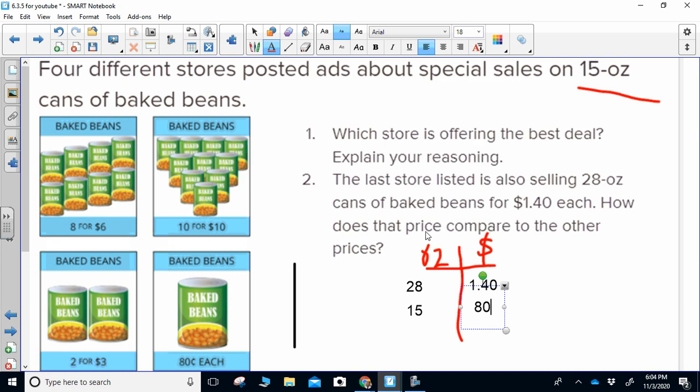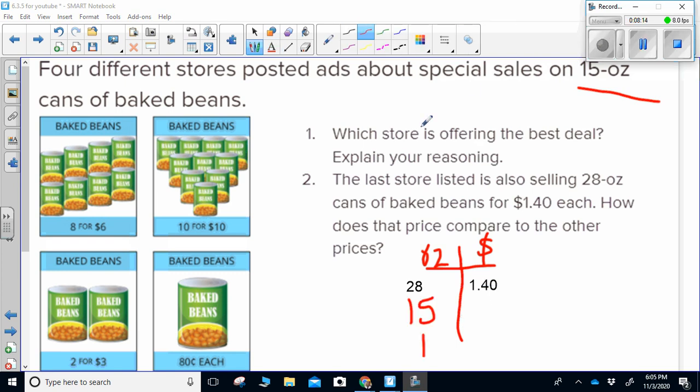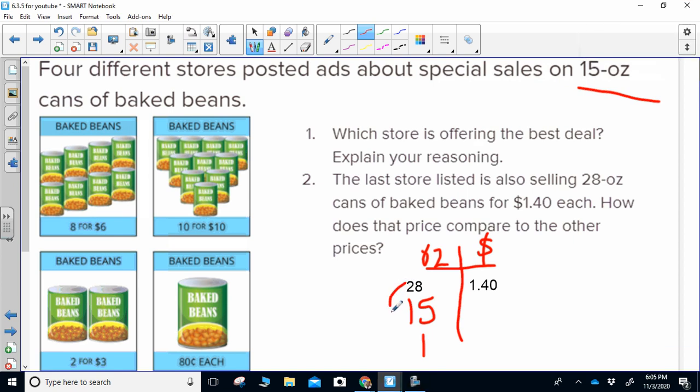So let's look at this. Okay, so I am going to see how much 1 ounce of beans costs here. So I'm going to divide by 28 and divide by 28. Okay, pause the video. So 1 ounce of beans is 5 cents, but then I have 15 ounces of beans.